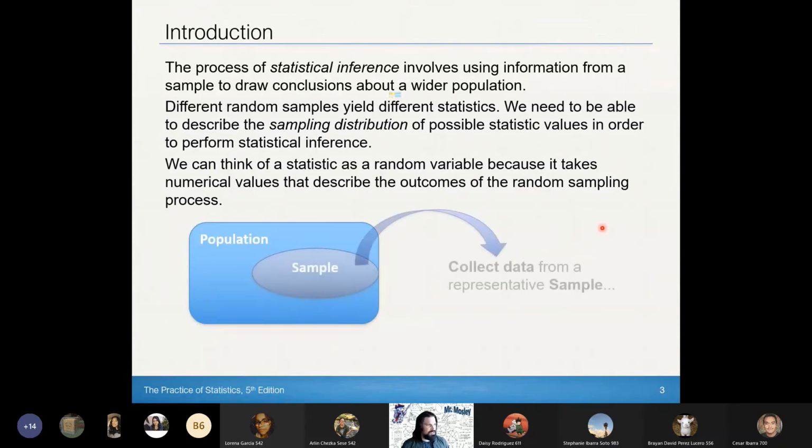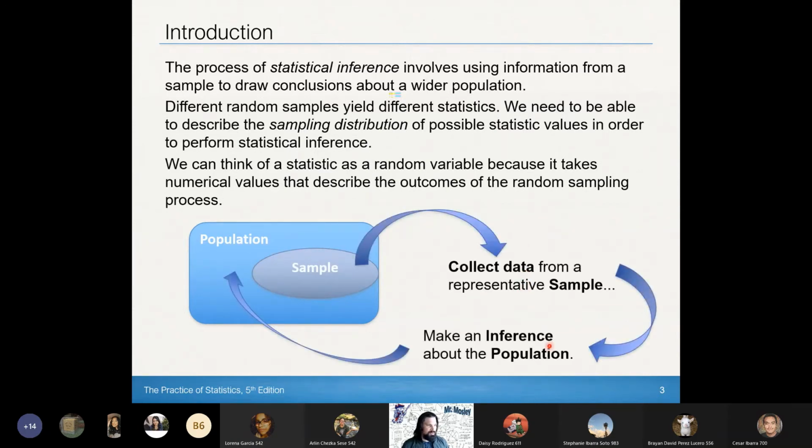So we start with the population, we take a sample, we collect the data from the representative sample, and we make an inference about the population. This is the process we're involved in. Ultimately, we want to say something about the entire population, which we don't necessarily have time to sample entirely, so we take a sample and collect data.